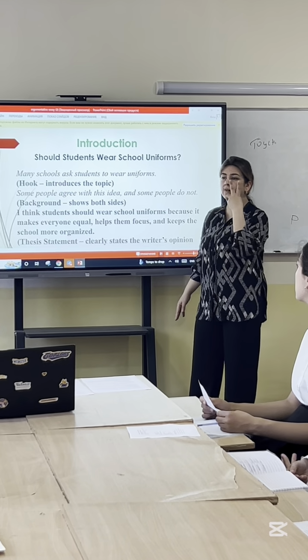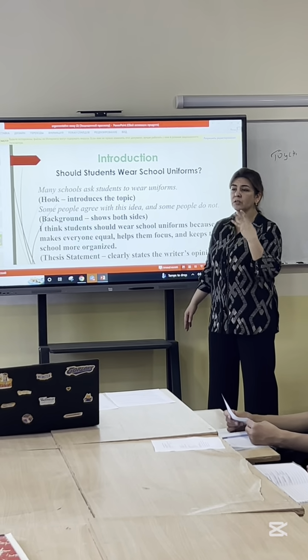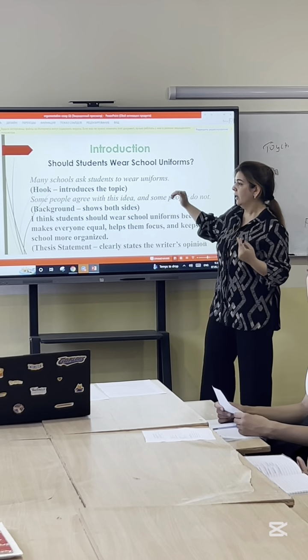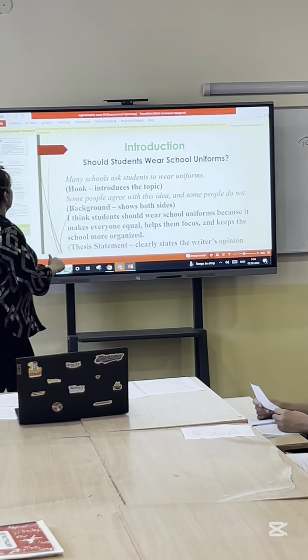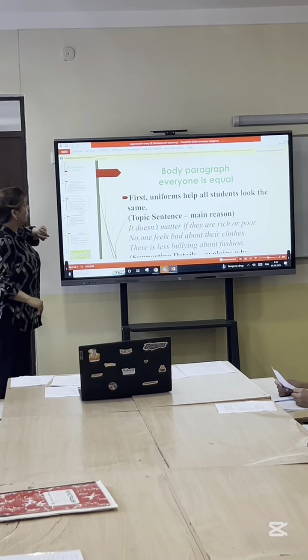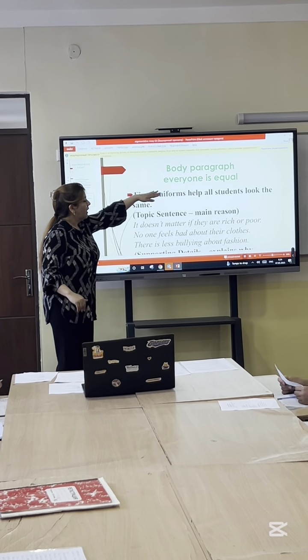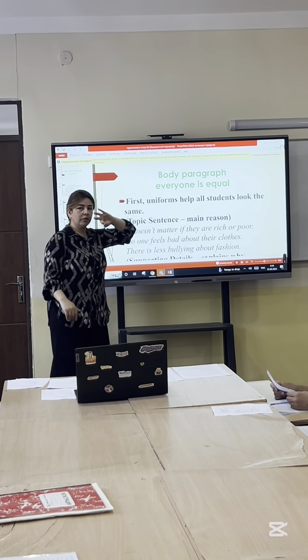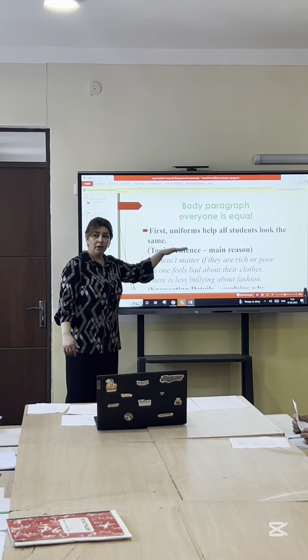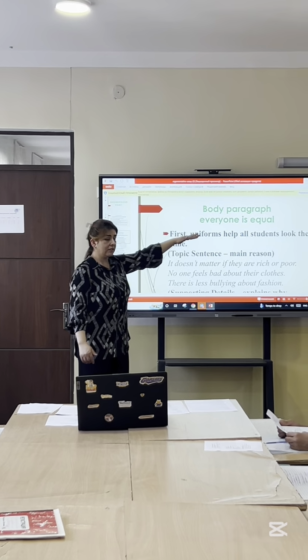And I have here 3 main ideas for wearing the uniform. You see? And the next part is the body paragraph. In the body paragraph, everyone is equal. I have 3 points, yes? And in the body paragraph, I will prove my first opinion, everyone is equal, yeah?